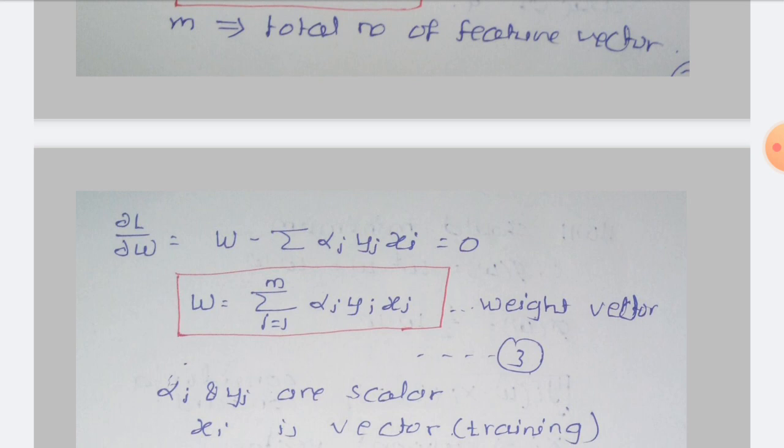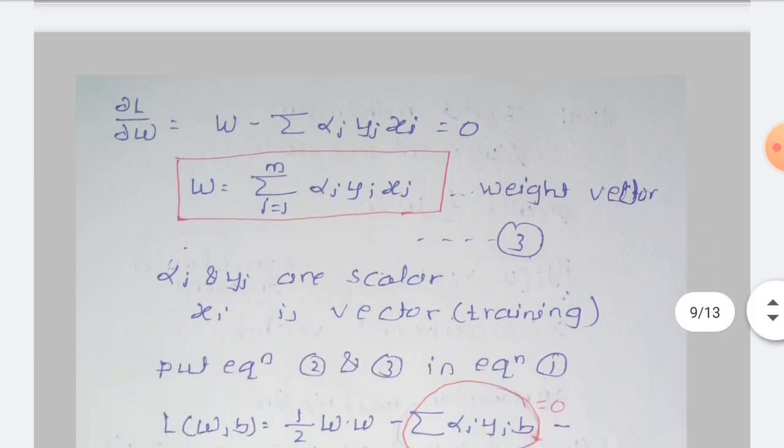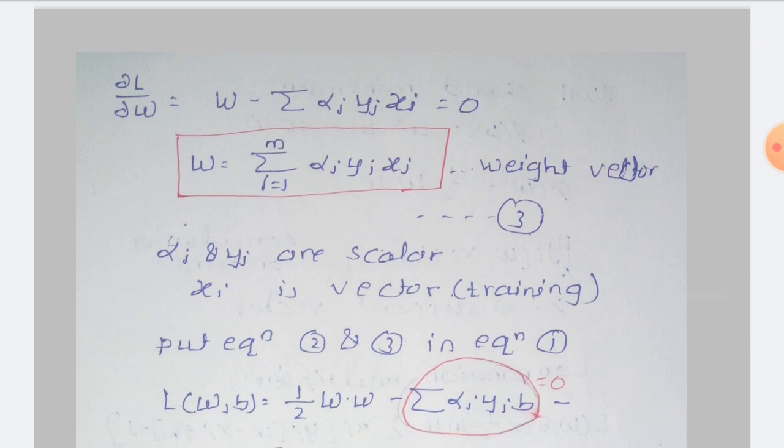That's why W is equal to summation from i equal to 1 to m of alpha i yi xi, and this is nothing but the weight vector, where three terms are there: alpha i, yi and xi. From these, alpha i and yi are scalar quantities, whereas xi is the training vector.